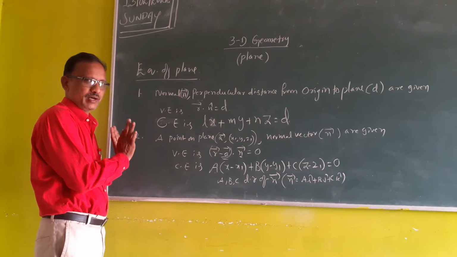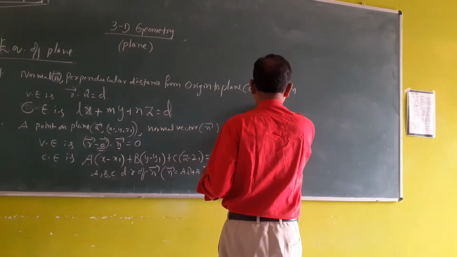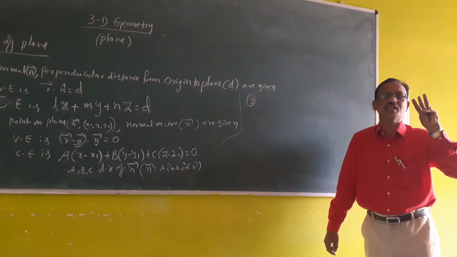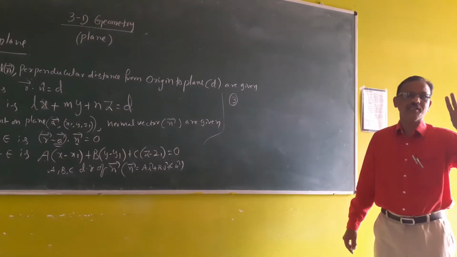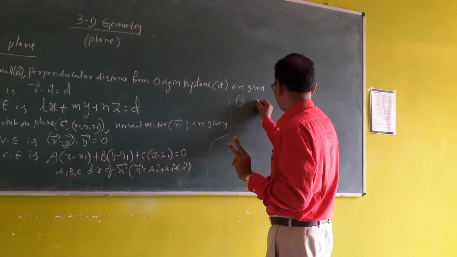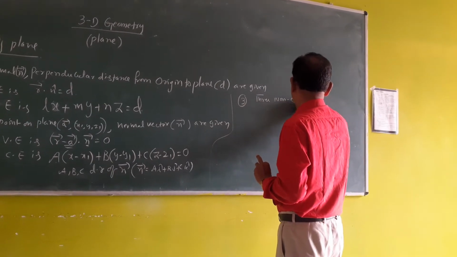So these two are over. Next, one more thing is equation of plane passing through three non-collinear points. Three non-collinear points are given.